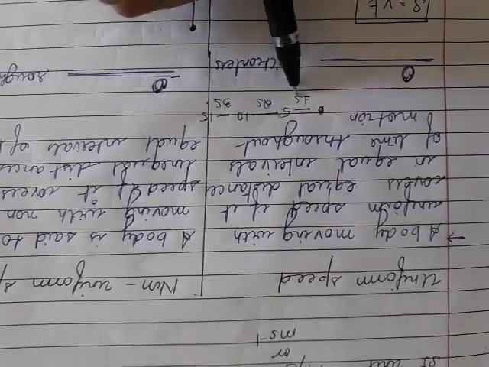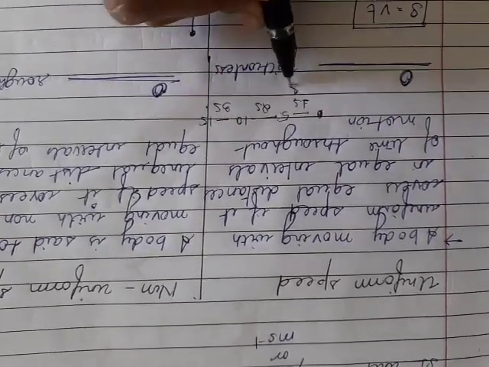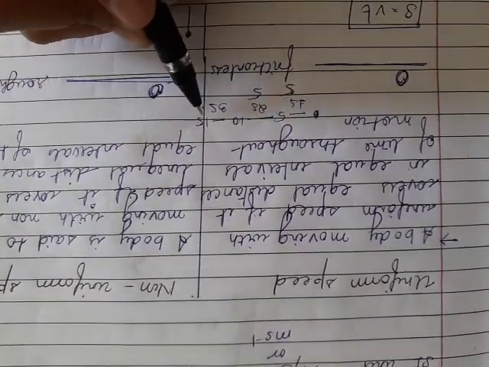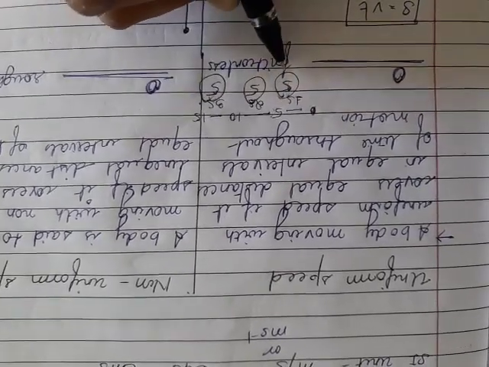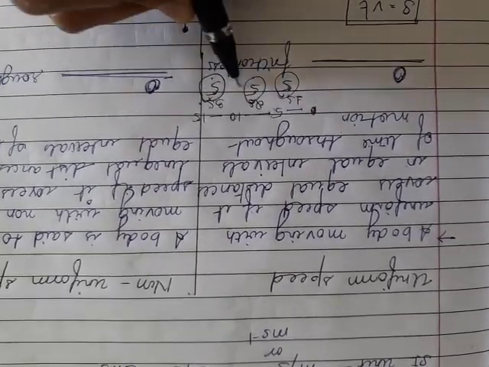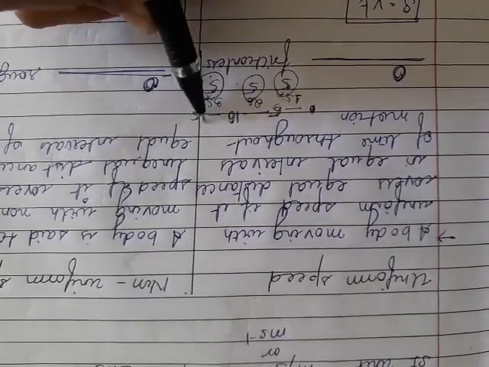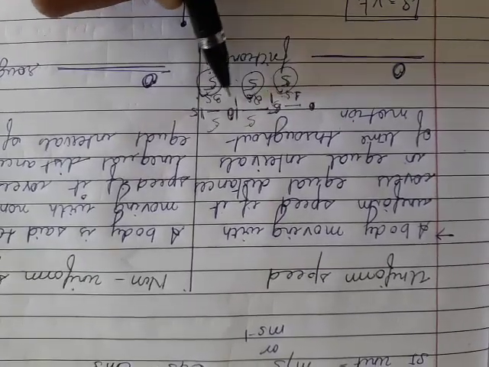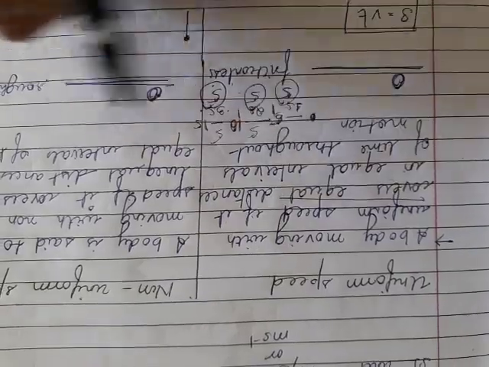Distance upon time: 5 upon 1, 5; 10 upon 2, 5; 15 upon 3, 5. So it covers equal distances, 5 and 5, in equal intervals of time, 1 and 1, so we say that it's in uniform speed.